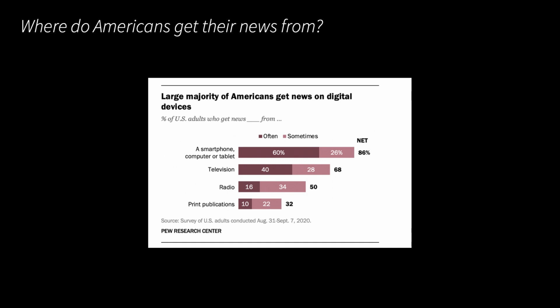Looking at Pew Research data from 2020, we see that overwhelmingly among those who are consuming the news, 86% of them either often or sometimes get their news from a smartphone, computer, or a tablet. 68% rely on television, broadcast news. 50% get their news from the radio. And just about 32% rely on print publications.